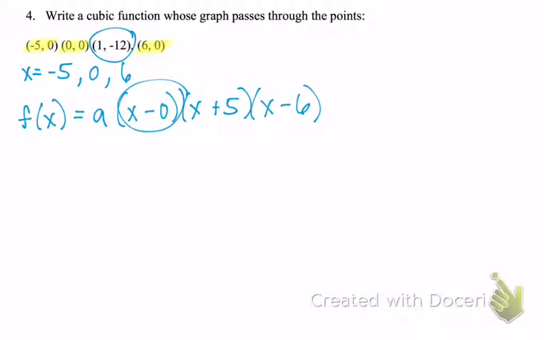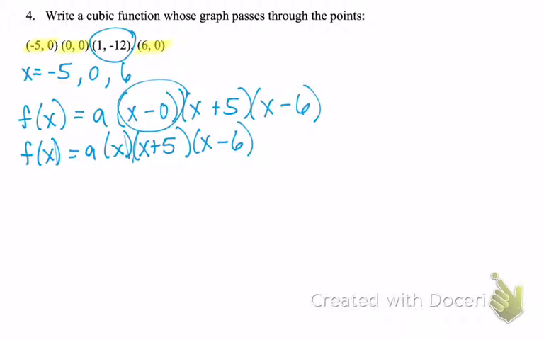This x minus 0 just turns into an x. So f of x equals a x(x plus 5)(x minus 6).